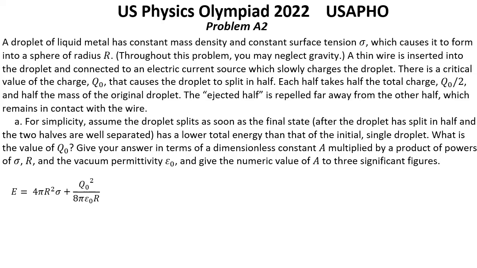That will give us this equation, and from here we can find that Q0 equals 8 pi square root of epsilon 0 sigma r cubed, and the constant A equals 8 pi, which is approximately twice greater than in the previous solution. Another way to solve this problem is with a force approach rather than energy.